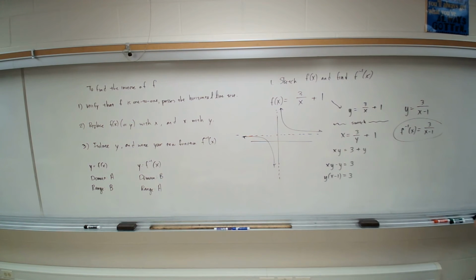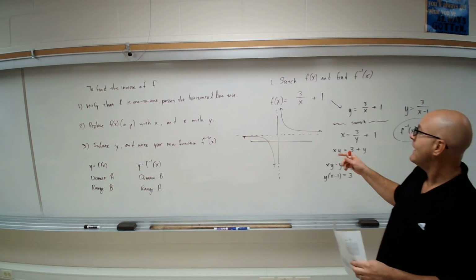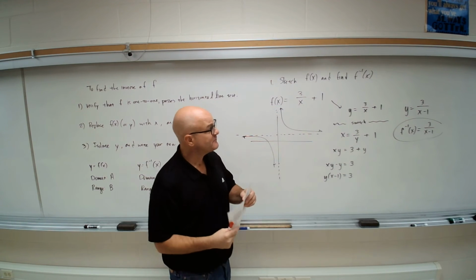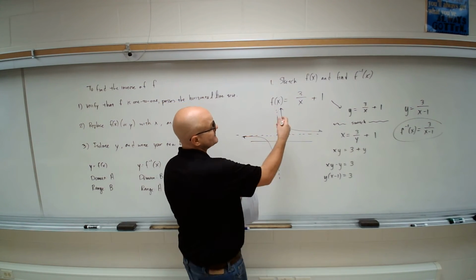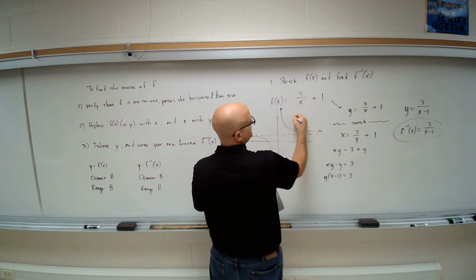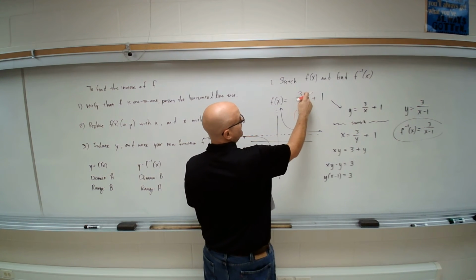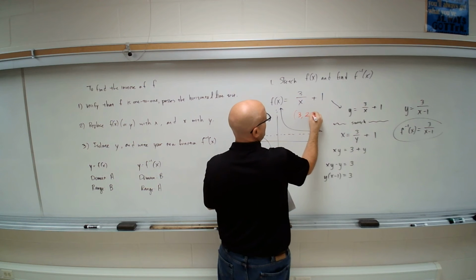A really nice, easy check that will usually show you if you made a mistake, it can go wrong, but it usually doesn't, is to go ahead and, for the original function, just pick a really easy number to plug in. So if I look at this function, I would plug in 3. If I plug in 3, I get 1 plus 1, so I get 2.